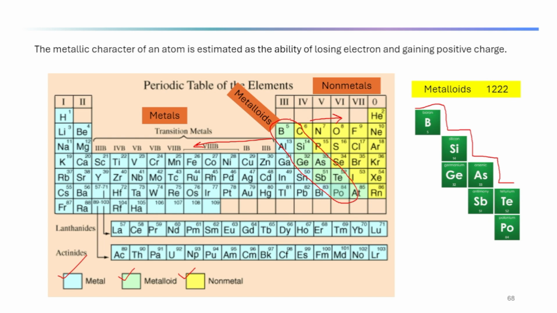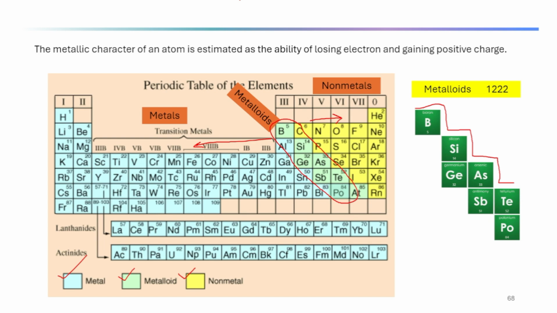That means when we are making the stair step, first we have one element, boron. Then in the next step, we take two elements, silicon and germanium. In the next step, we take another two elements, arsenic and antimony. And again in the next step, we take tellurium and polonium. So this 1, 2, 2, 2, I remember for the metalloids.